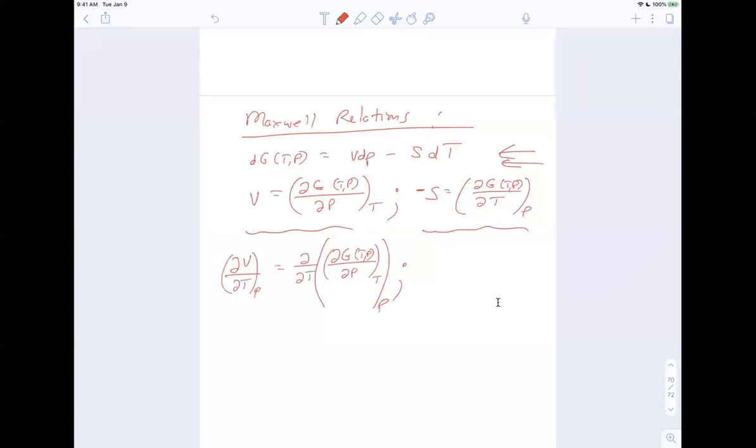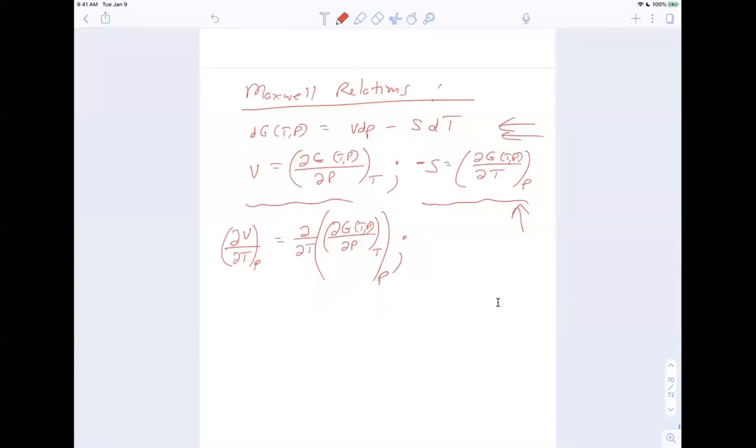Now let's do the same for S. We'll take the partial, but in this case, what are we going to take the partial derivative with respect to when we take the second partial? We already took the partial of G with respect to T for this one, so now we have to do it with respect to P. Exactly.